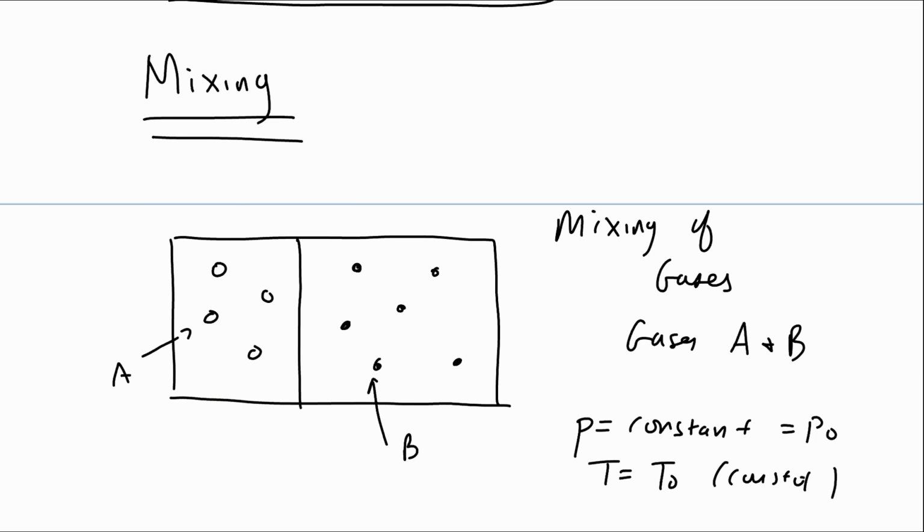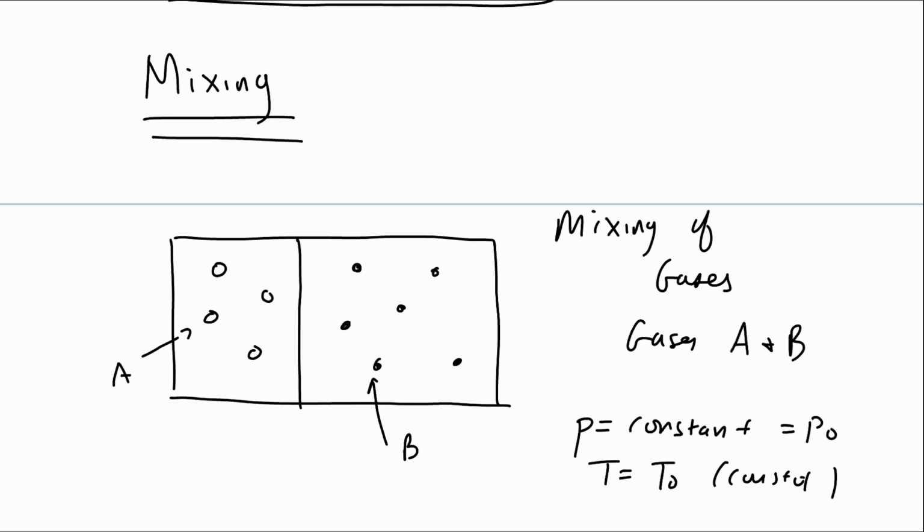The way I drew this, I drew four dots on one side and 6 dots on the other, right? So there's 10 dots. I'd have to do the arithmetic, but one of the volumes is 40% of the other one, so that I have the same density on both sides of this partition.